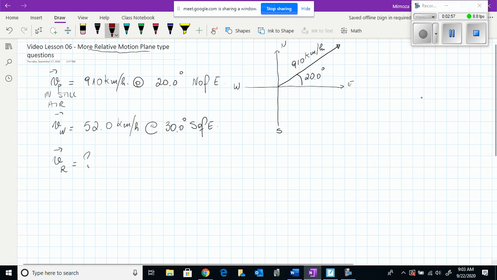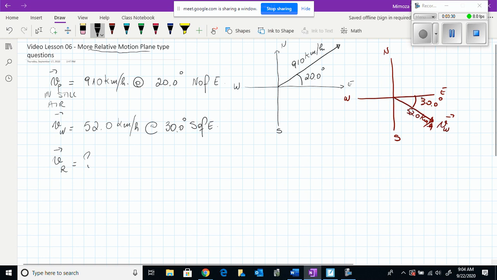And when we have the wind, it is south of east, so in the northeast-southwest axis we will have a vector that goes between south and east. This is the velocity of the wind, with a magnitude of 52 kilometers per hour and an angle of 30 degrees with the east axis.